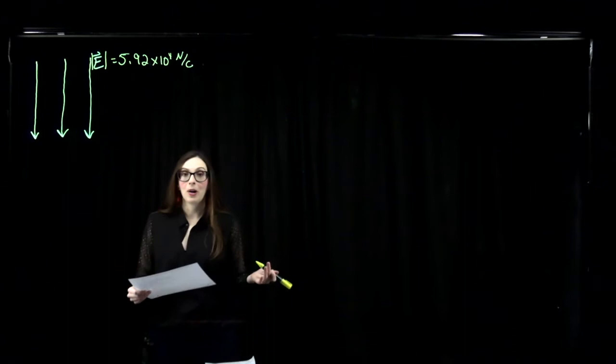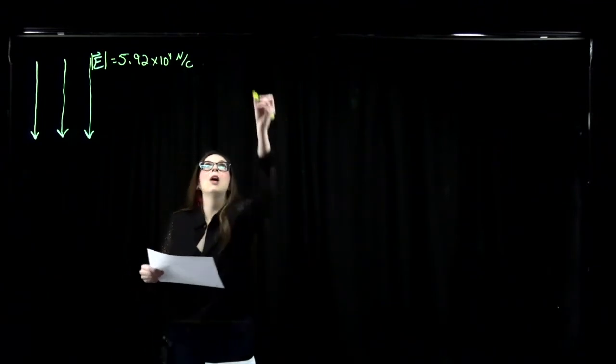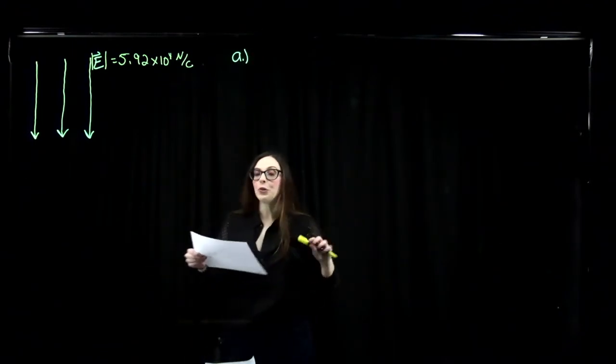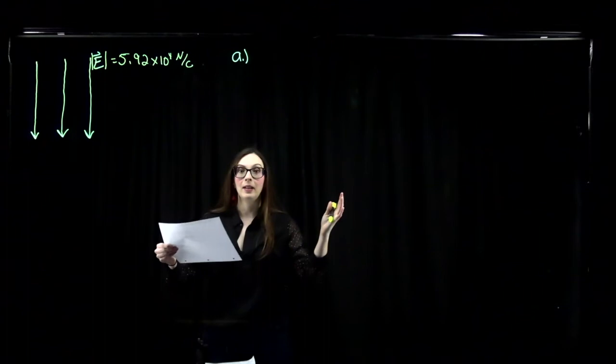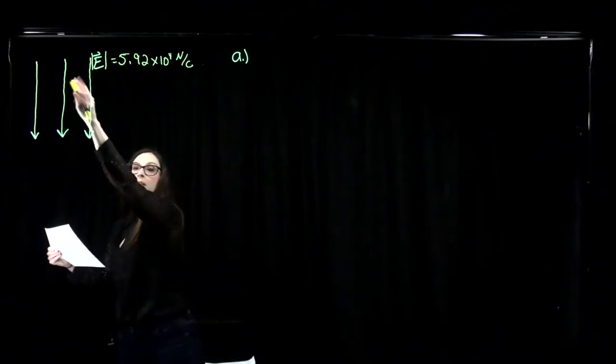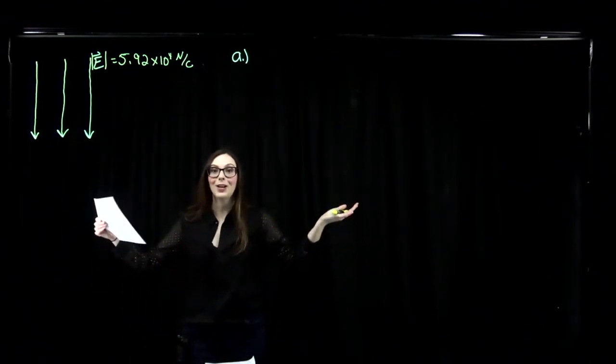For the first part of our problem, part A, we have a particular droplet that is observed to remain suspended against gravity. We're going to have a little droplet of oil in this electric field, but it is observed to hover, to float.